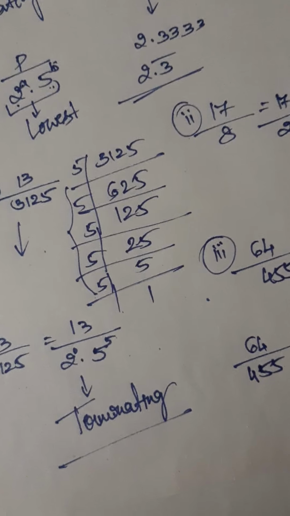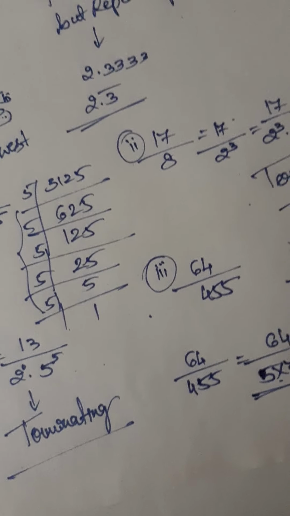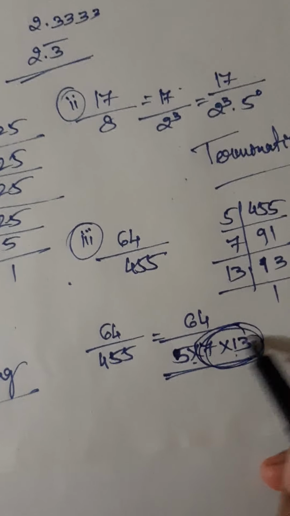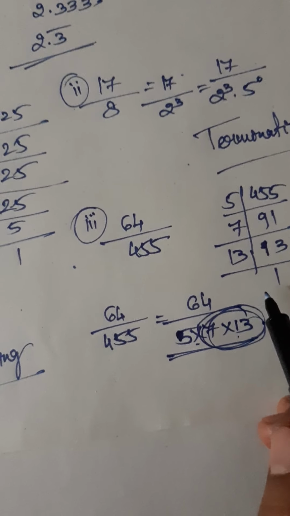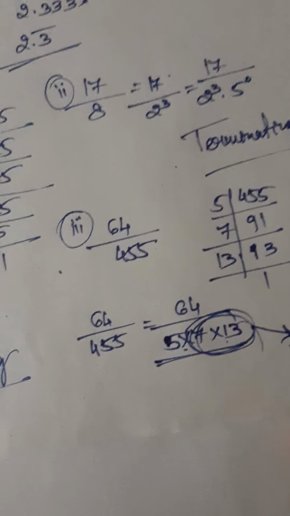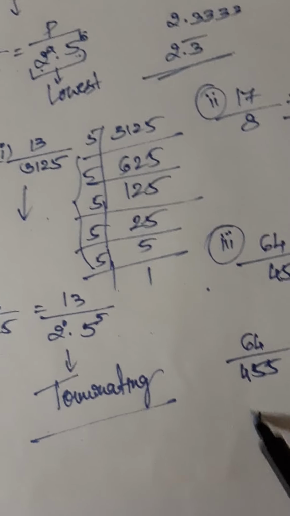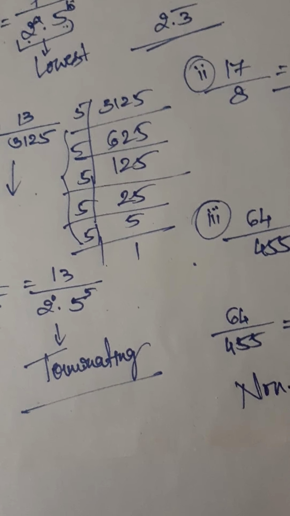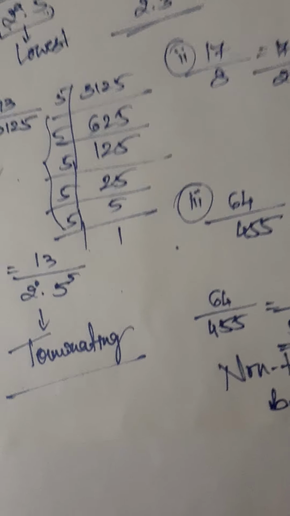We do not have a 2 term, but in its place we can take 2 to the power 0. But here we have two more extra terms, which we should not have. So it is not of the form 2 to the power a and 5 to the power b. So it is non-terminating but repeating.